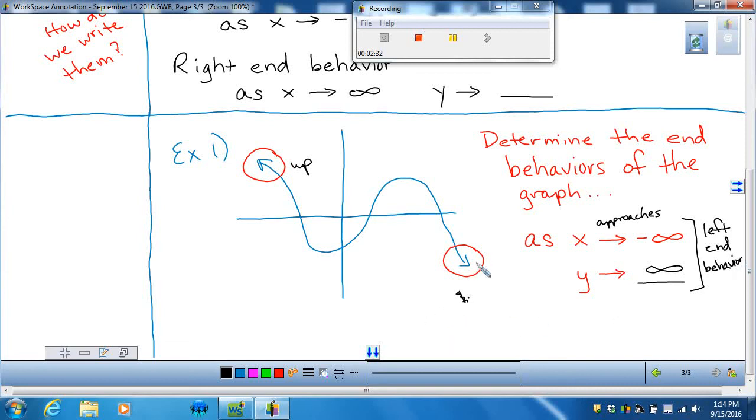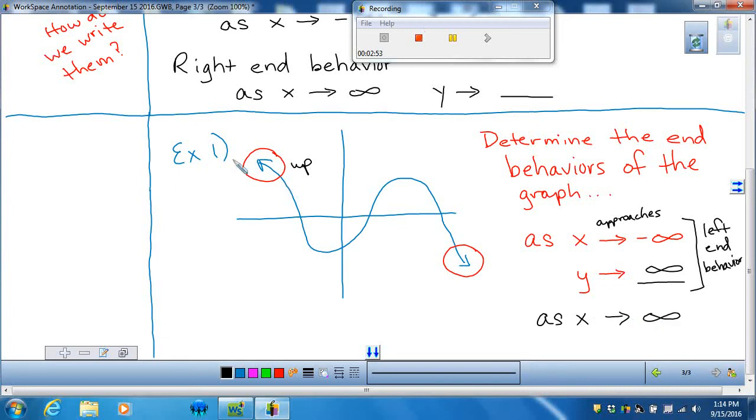So now we need to do the one on the right side. The right side, we have the arrow coming down. Now when you're on the right side, x is approaching positive infinity.